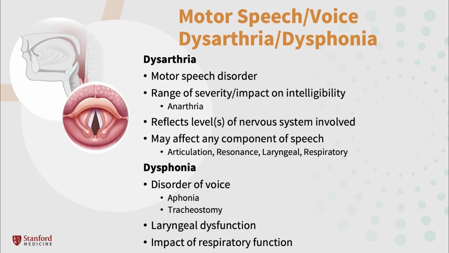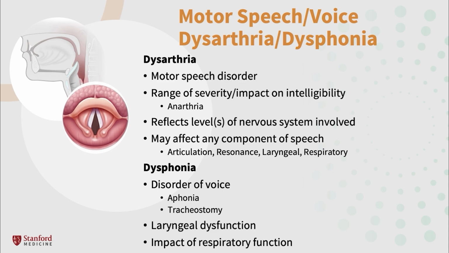What's really cool about motor speech is that the characteristics of a dysarthria can really tell you exactly what level of the nervous system is involved. Fifty years ago this year, Darley, Aronson, and Brown published the pivotal text out of the Mayo Clinic on the different subtypes of the dysarthrias based on the different constellations of speech characteristics.